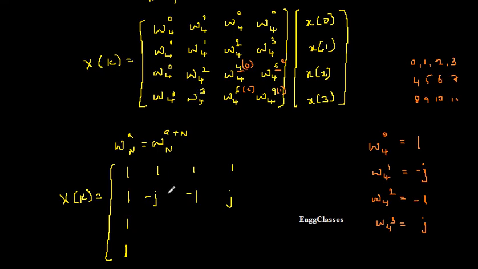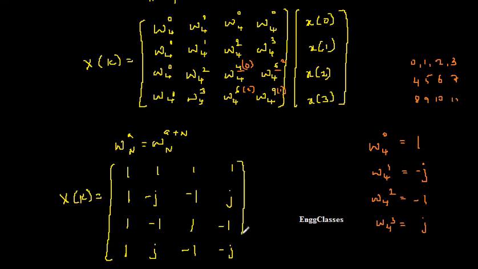Similarly, in the third row, w4 to the power 2, here I can write minus 1, w4 to the power 0, I would write 1, w4 to the power 2, I would write minus 1. And in the last row, w4 to the power 3 is j, w4 to the power 2 turns out to be minus 1, and w4 to the power 1 turns out to be minus j.